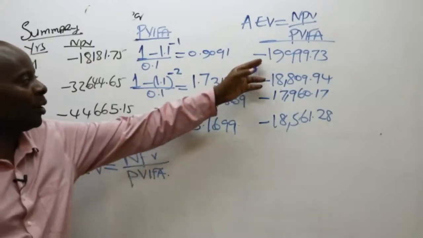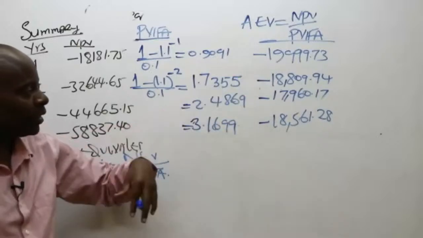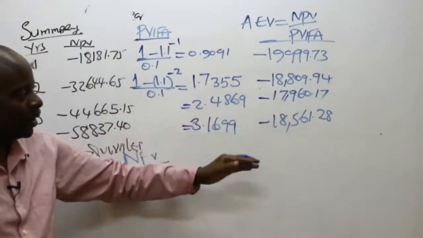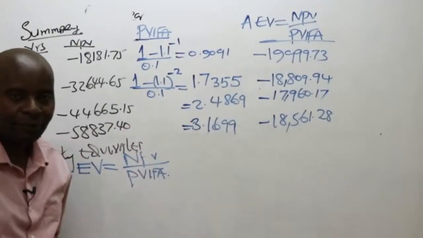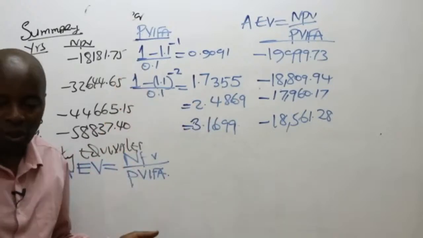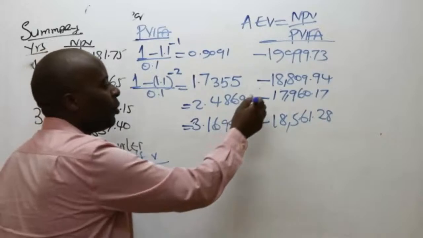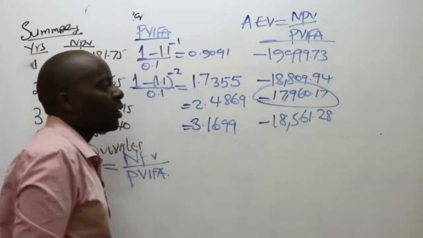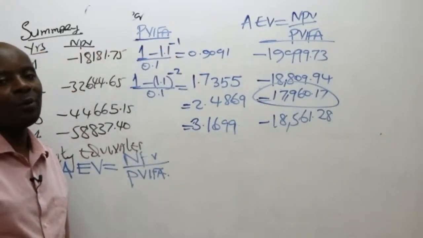So here I'll be losing 19,000, 18,000 or something, 17, 18. At the end of the day, I'm better off losing 17 than losing more. So in short, this is the optimal annuity value.